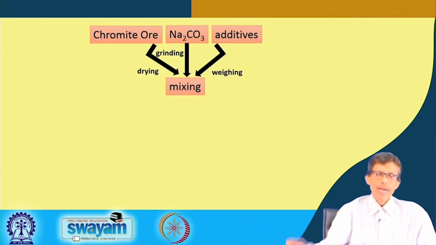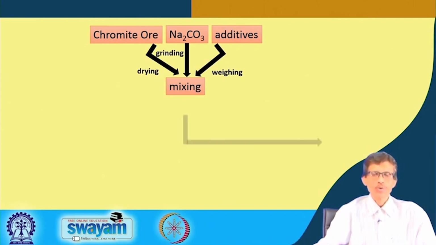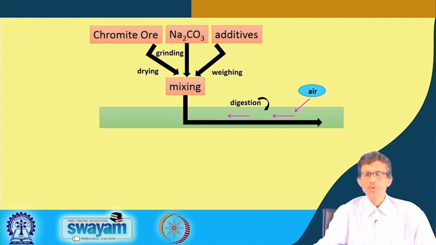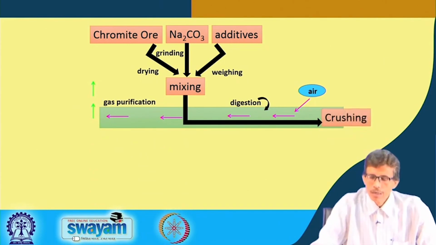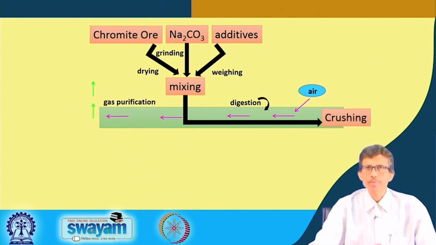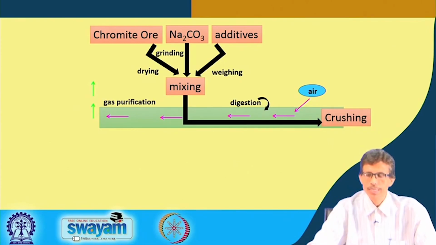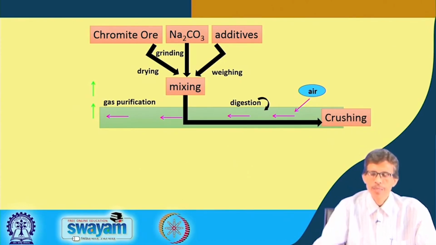That means how much you are adding and your particular composition, that means the weight ratio, is also important. Mixing gives you the mixture, and you go for the digestion. After crushing, everything is mixed, then you go for the crushing process, and then you mix it with air, and air gives that particular digestion, and then you have the gas coming out.